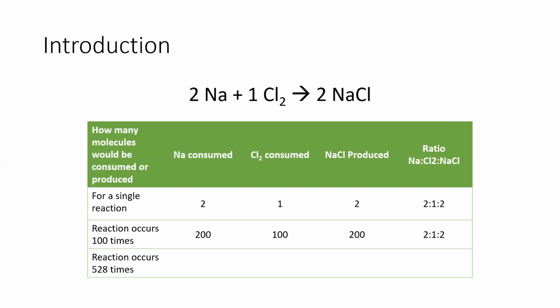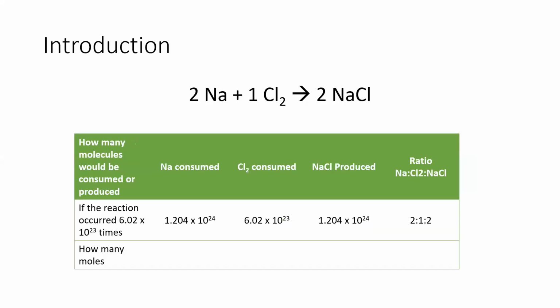Now if we had this reaction happen 528 times, we would see the same basic ratio. We'd have 1,056 sodium consumed, 528 chlorines, and 1,056 sodium chlorides produced. Again, that same 2 to 1 to 2 ratio. So let's flip this on its head.